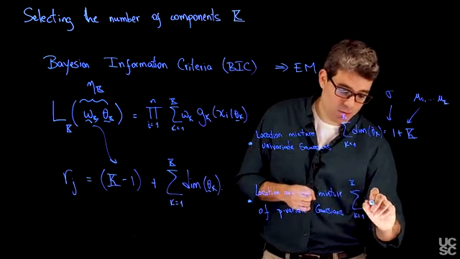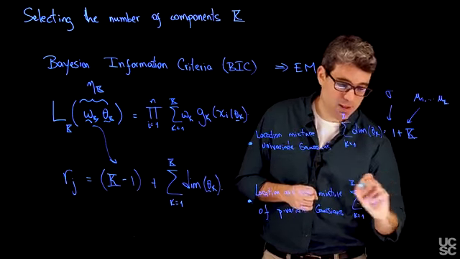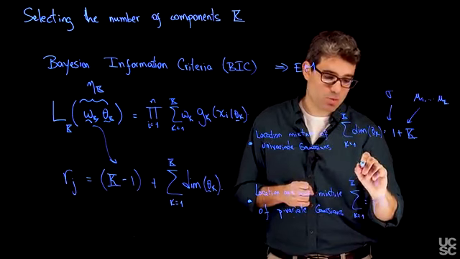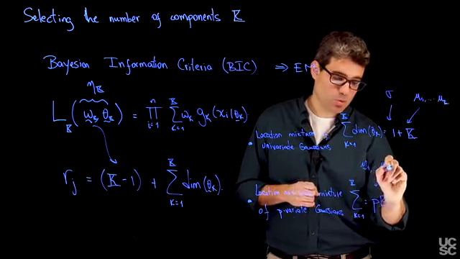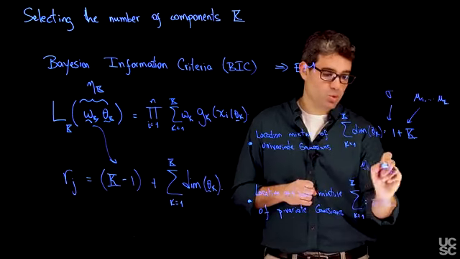So you're going to have P times capital K terms that come from mu1 up to mu K, each one with dimension P.